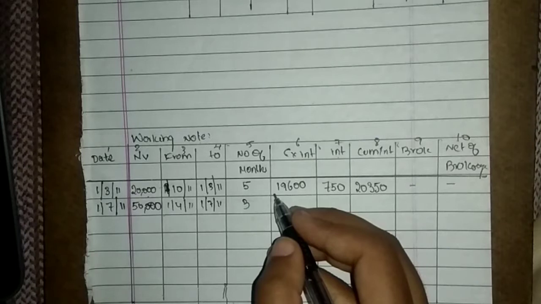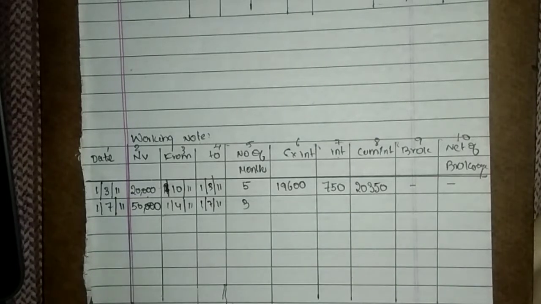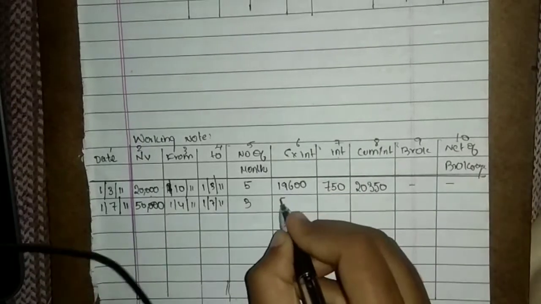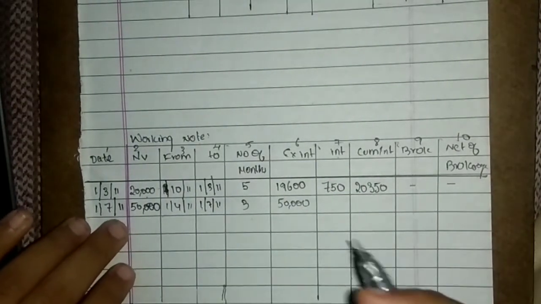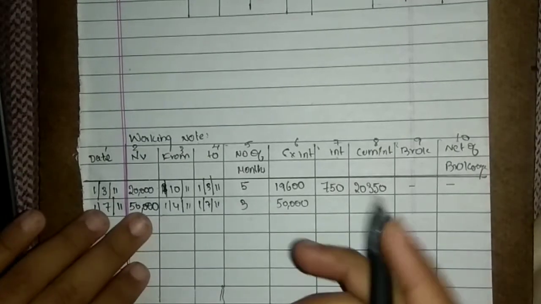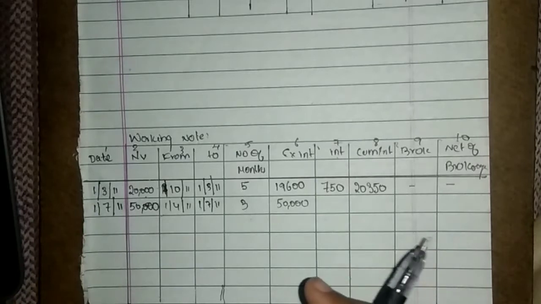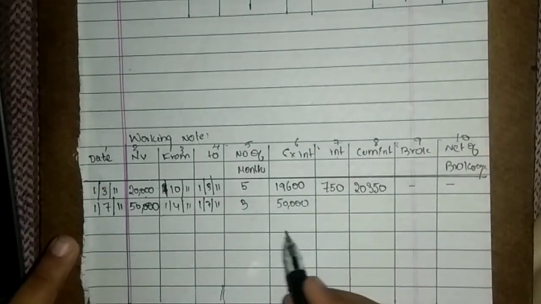On ex-interest price. So 500 into 100, 100 is the ex-interest price. Here the nominal price 100 and the ex-interest price are the same, because it is 100 for each, that's why it is the same.